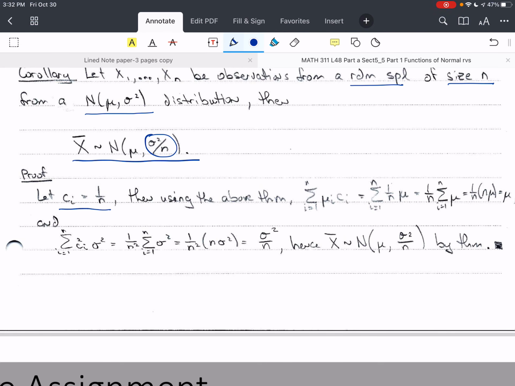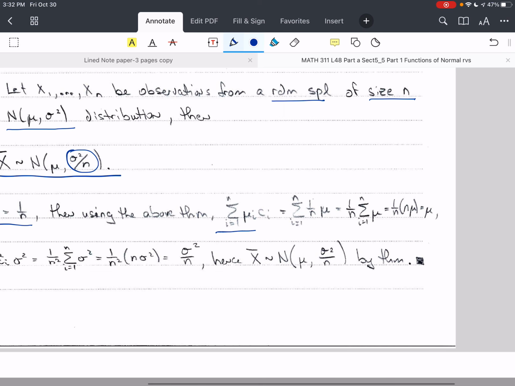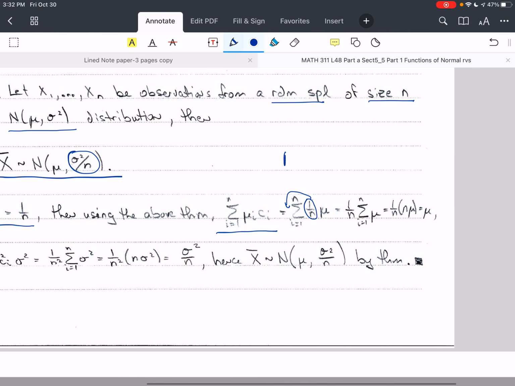Then using our theorem above, we have the sum of mu i ci is the sum of 1 over n times mu. And 1 over n is a constant with respect to i. In fact, mu is too, but we'll just pull this out into the front. And then we've got the sum of mu from i equals 1 to n. Now, this is going to be mu plus all the way up to mu, and there's going to be n of these.